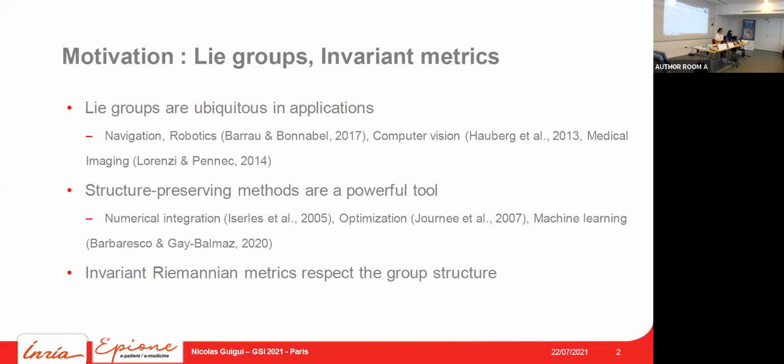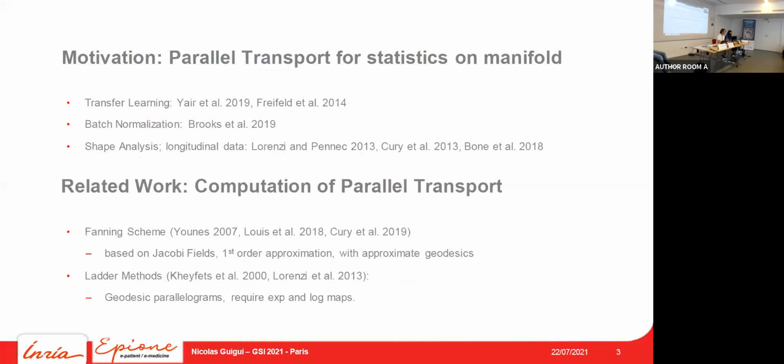And one of these structures that we can use are invariant Riemannian metrics, which allow us to measure distances between elements of a Lie group and also define geodesics and parallel transports. And as we've mentioned already with Elodie in her talk, parallel transport is a fundamental tool in statistics.